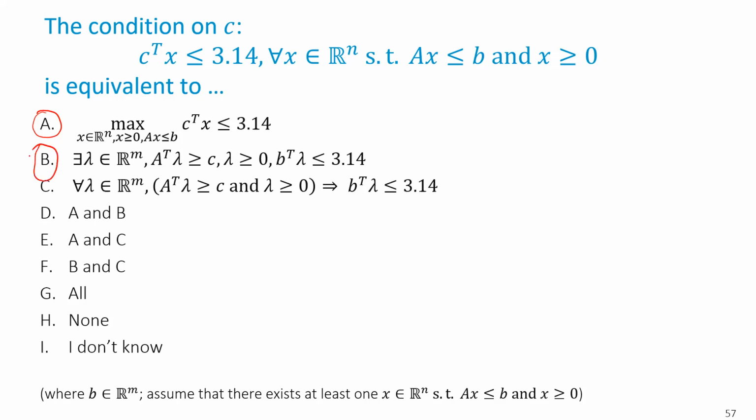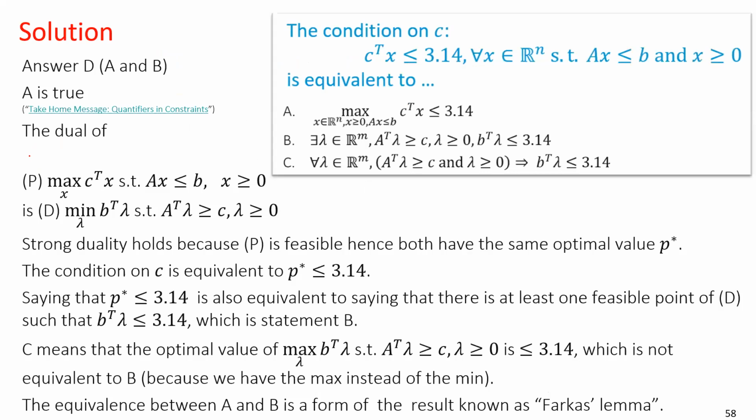B is true also. This is a bit less obvious. For that, we need duality, because now we transform this maximization problem into its dual. Now, because it's linear and under mild condition that this set here is not empty, the dual and its primal problem are equivalent and they have the same optimal values.